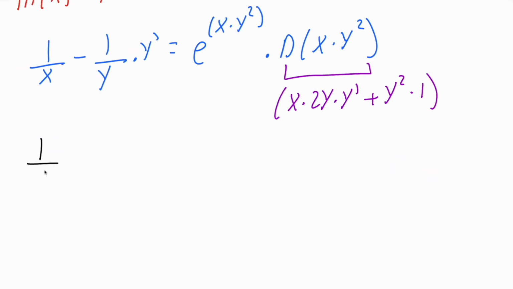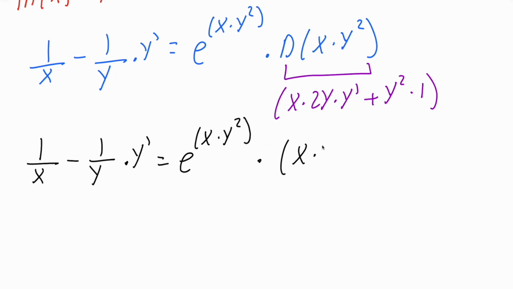We have 1 divided by x minus 1 divided by y times y prime is equal to e raised to x times y squared, times this piece here, which is x times 2y times y prime plus y squared, close parentheses. Next, we want to get a common denominator, so I'm going to multiply everything by x times y, xy.